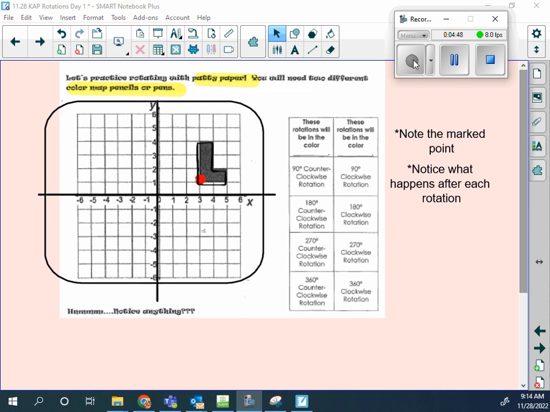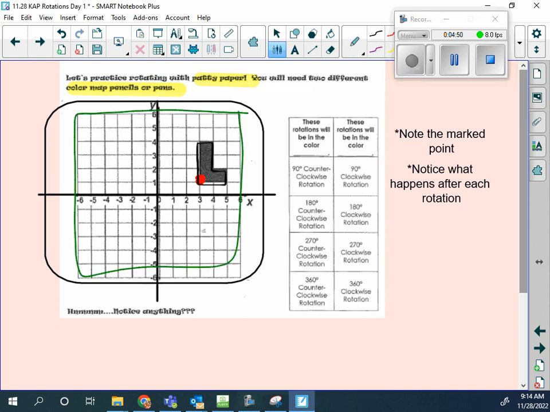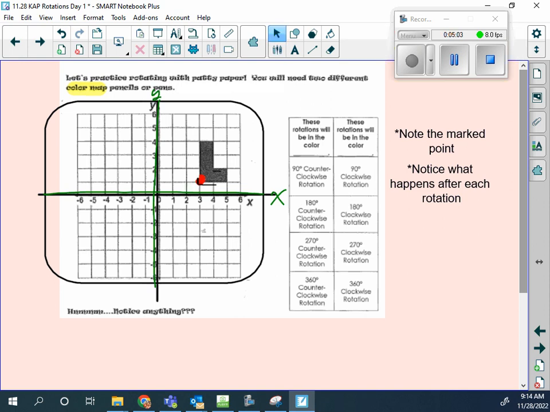You don't need to trace all of this, just the X and the Y. That's all you need. So on your patty paper, you would physically trace this, label this X and that Y, and then trace the shape and put that dot.